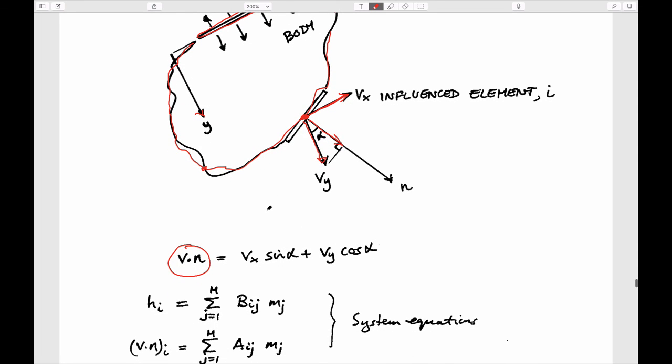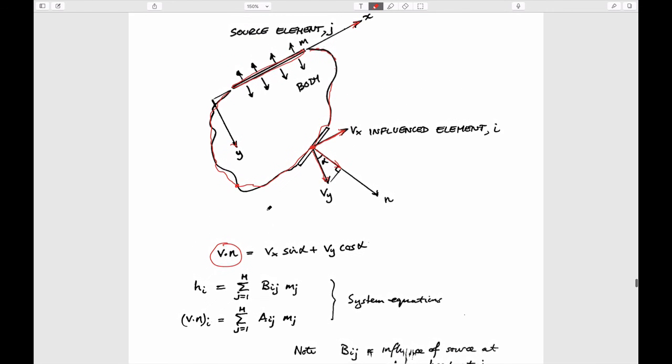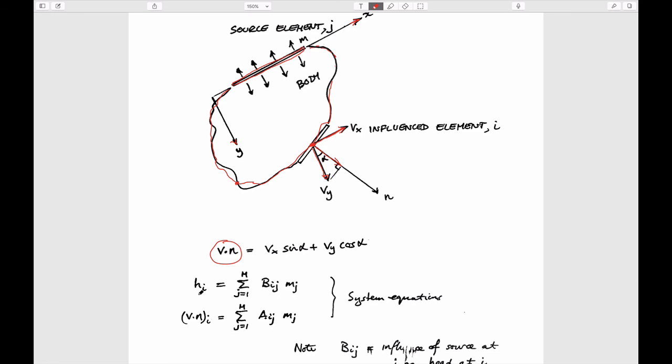And so that's it. The main thing that hopefully we get from this is that we could write an equation which would allow us to calculate the head at any point as a function of the sum of all of the particular kernel functions being applied on the boundary. So one is here, that'd be one. Second one would be here. A third one could be here.